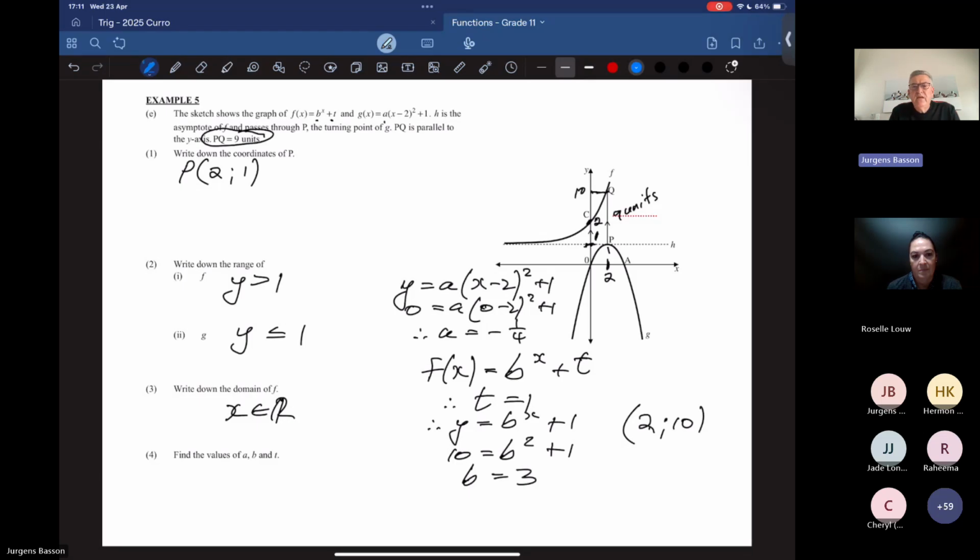That is why we needed that Q coordinates. And that was sort of the catch in the question, to notice that PQ is 9, but P is already at 1, and the length is 9, so Q will be at 10. So because we wanted that y value, we can substitute a point to solve for B. No, I get it now what you are trying to say. So it makes sense why it would have cancelled if you use that 0.2.